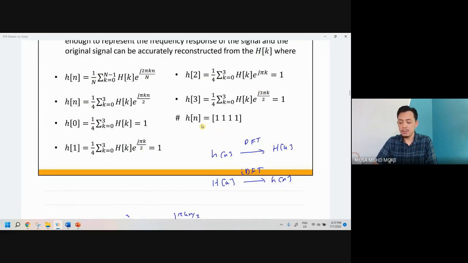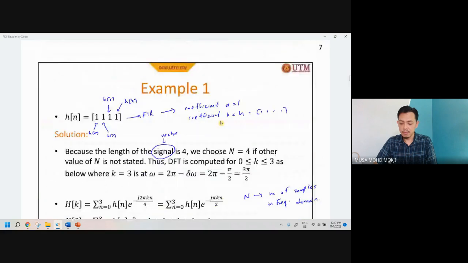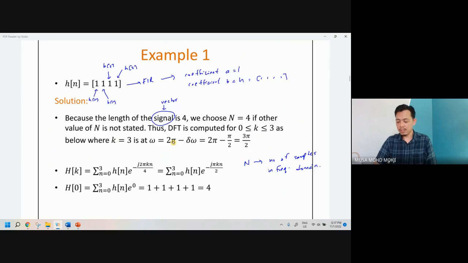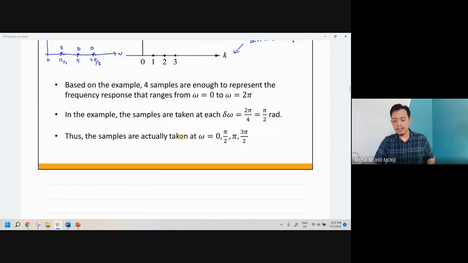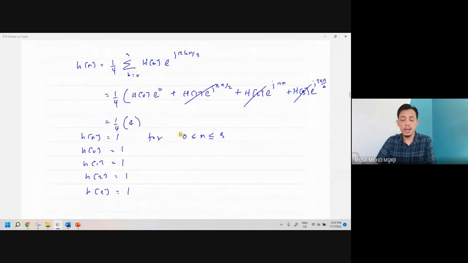But finally, Hn equals 1, 1, 1, 1. So this is a proof, because originally we have this original Hn, which is 1, 1, 1, 1. After you do a forward, you get 4, 0, 0, 0. That 4, 0, 0, 0, do inverse, you should get back this signal. So this is quite a simple example on how to do a forward and then inverse.